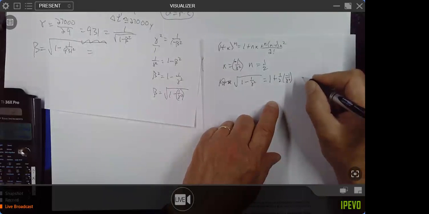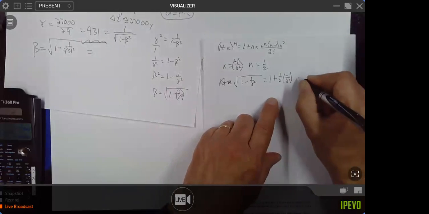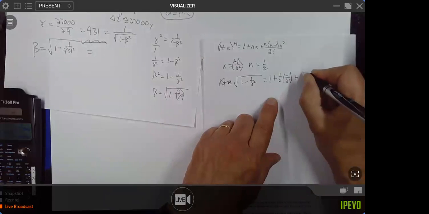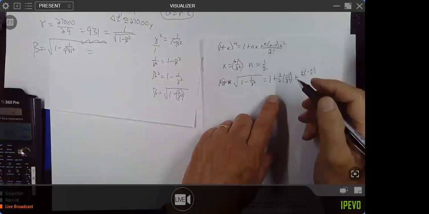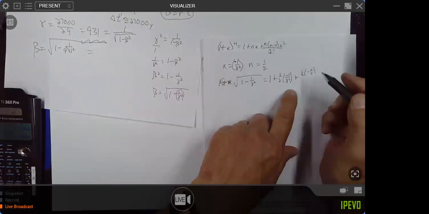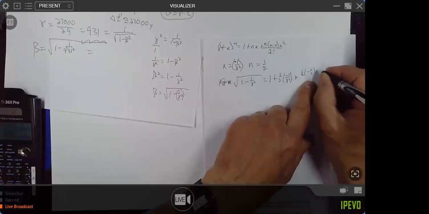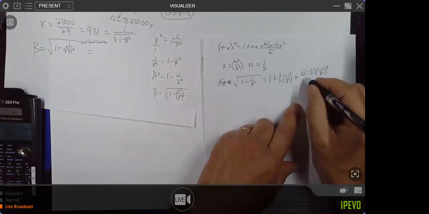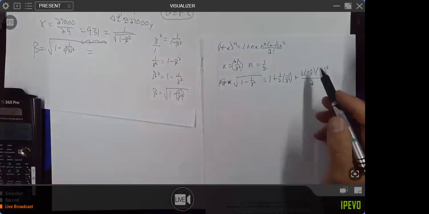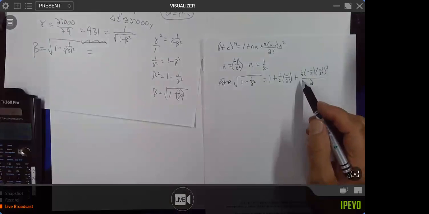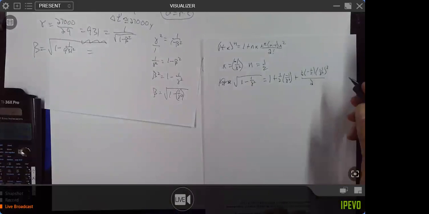And then the next term in the expansion would be 1/2 minus 1, which is minus 1/2, times minus 1 over gamma squared, divided by 2 factorial, which is 2. And this ends up being 1 minus 1/8, I guess.